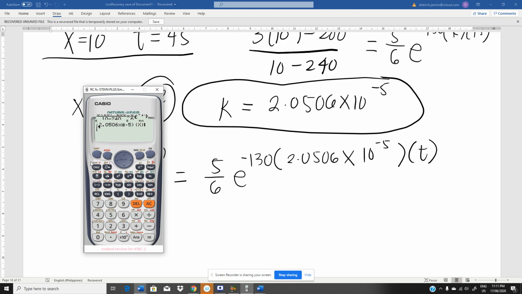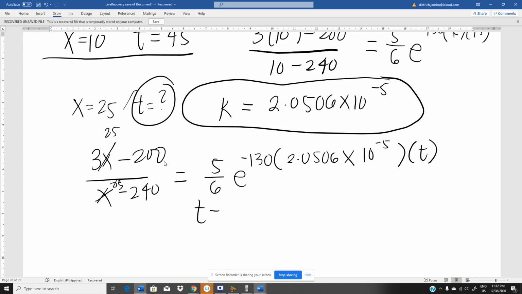Solving for t, it turns out t is equivalent to 135.0459 minutes.